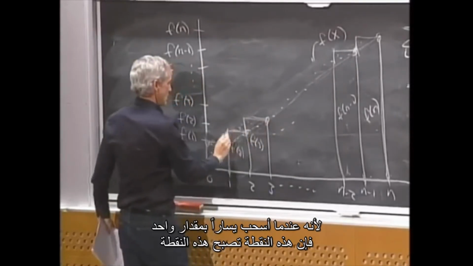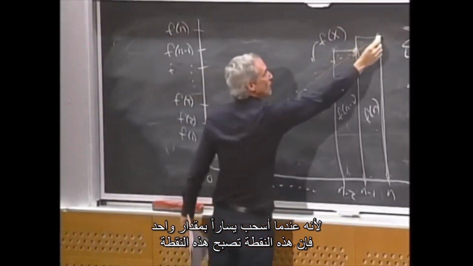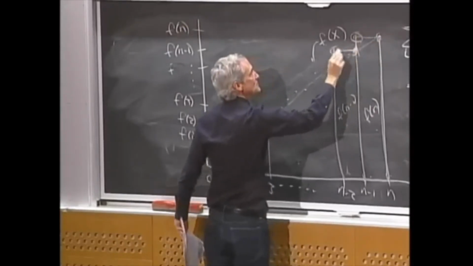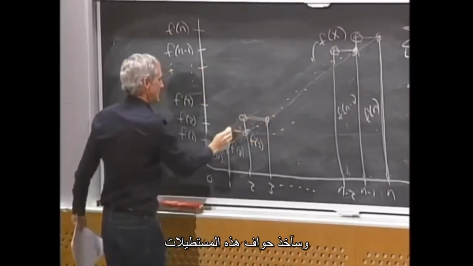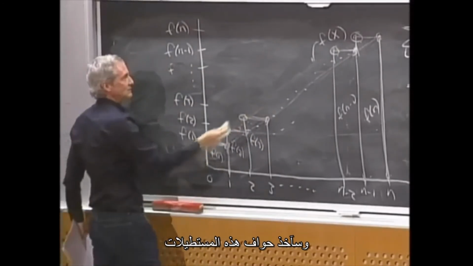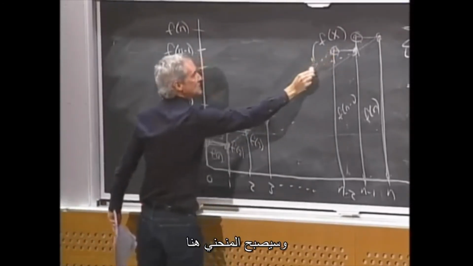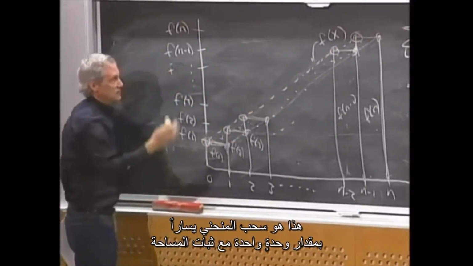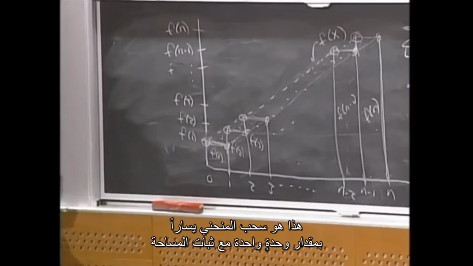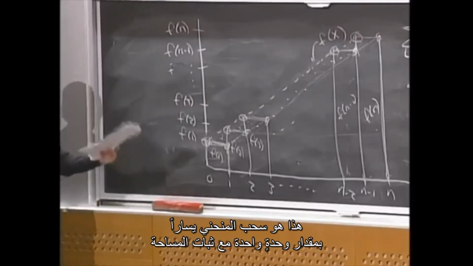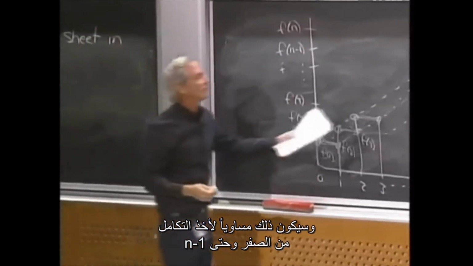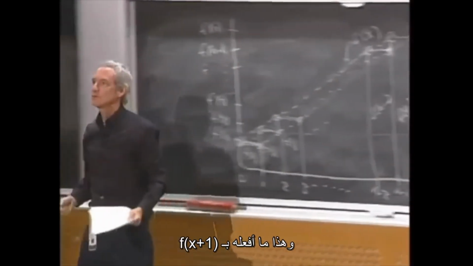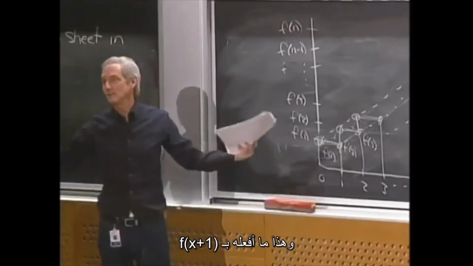Because when I shift left by 1, this point becomes this point. That point becomes that point. And I'm catching the cusp of these rectangles. And now I take this curve here, shifting the whole curve left 1 unit, and the area doesn't change. It would be equivalent of taking the integral from 0 to n minus 1 of f of x plus 1.